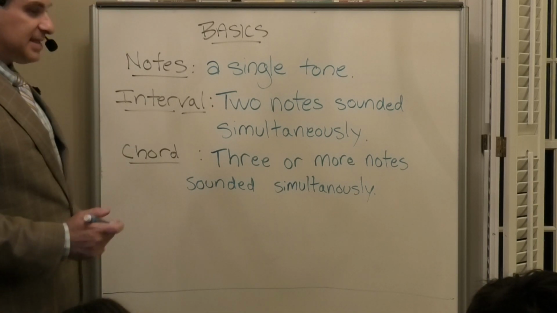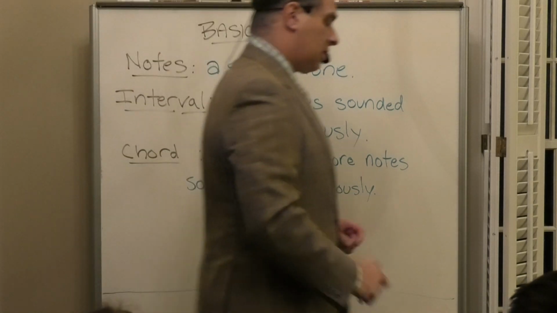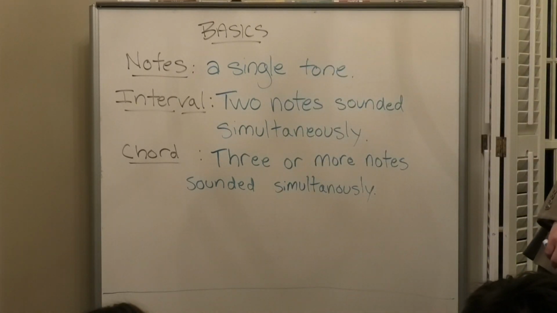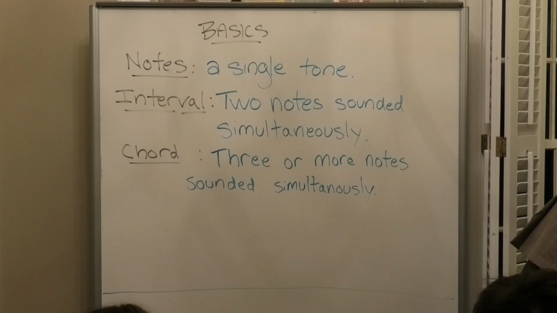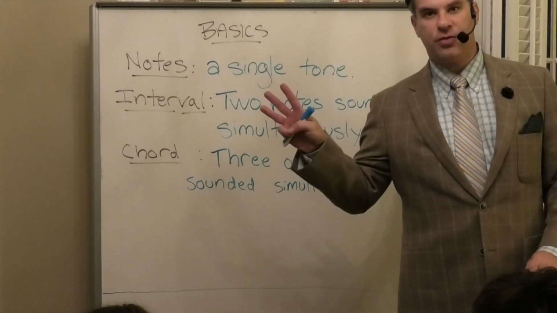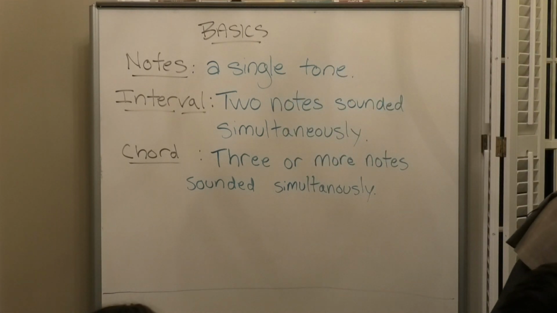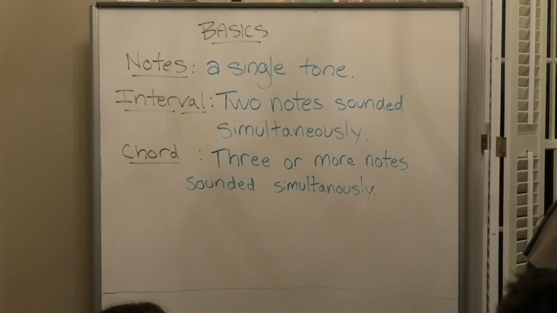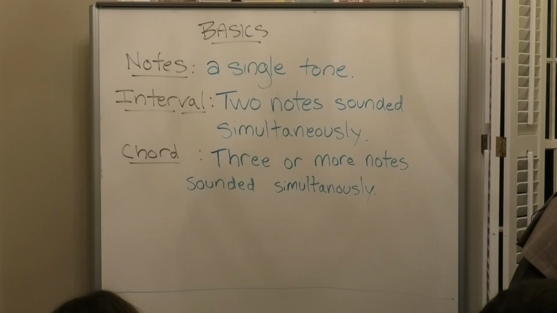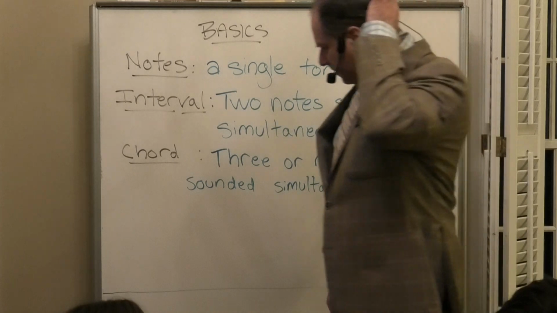So a note is a single tone. An interval is two tones at the same time. And a chord is three notes played at the same time, or more. Okay? There's all sorts of chords. Thousands of them.